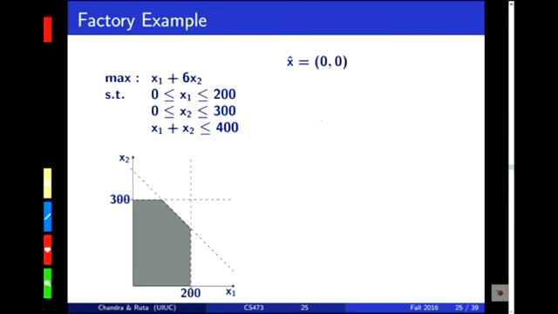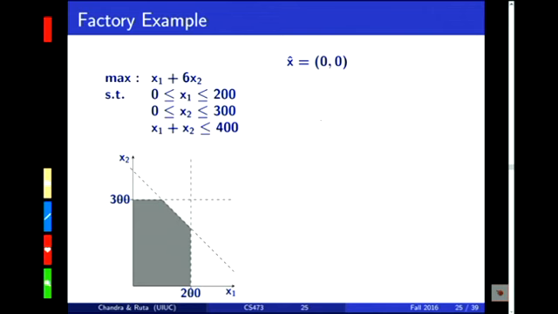What are the constraints that are tight here at 0, 0? Can you say the constraint explicitly? 0 is less than or equal to x1, 0 is less than or equal to x2. Yeah. So, good, thank you.